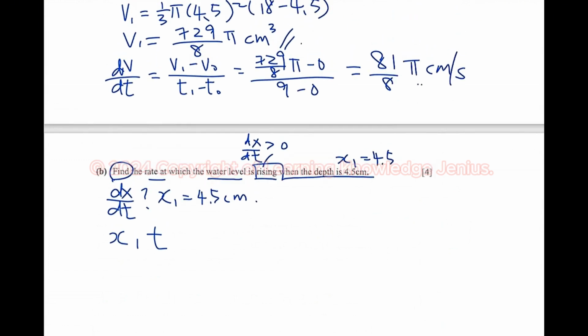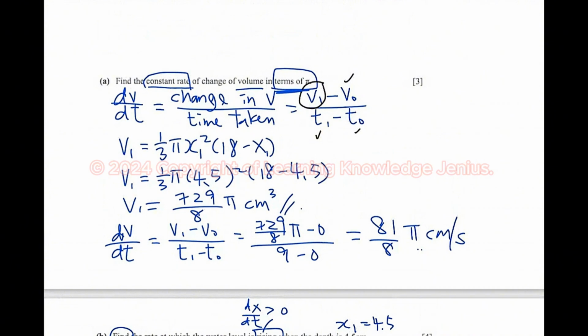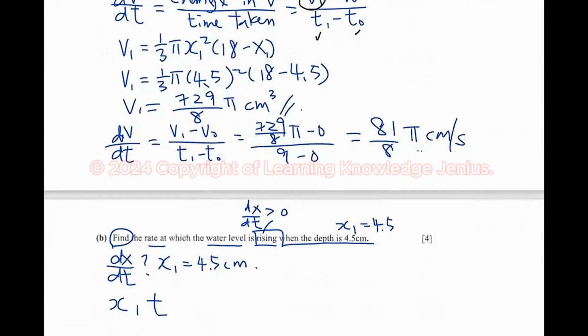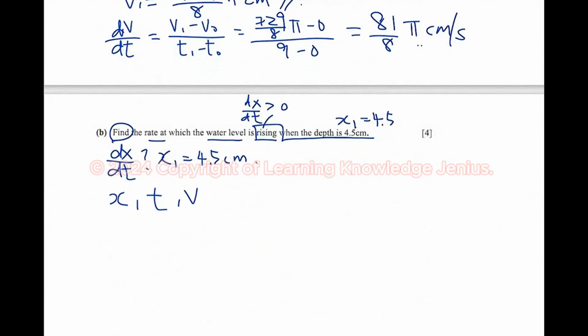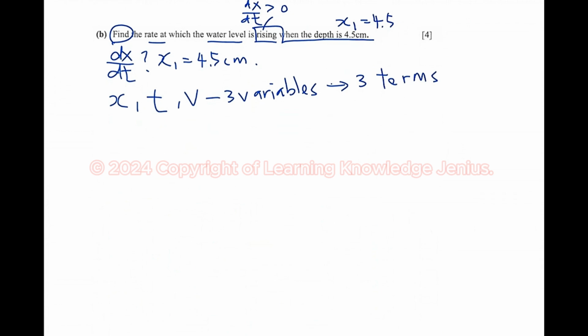And if you scroll up a bit, you can notice we also have a variable V. So that means we have a total of 3 variables in this question. So these 3 variables will contribute to 3 terms in your connected rate of change.